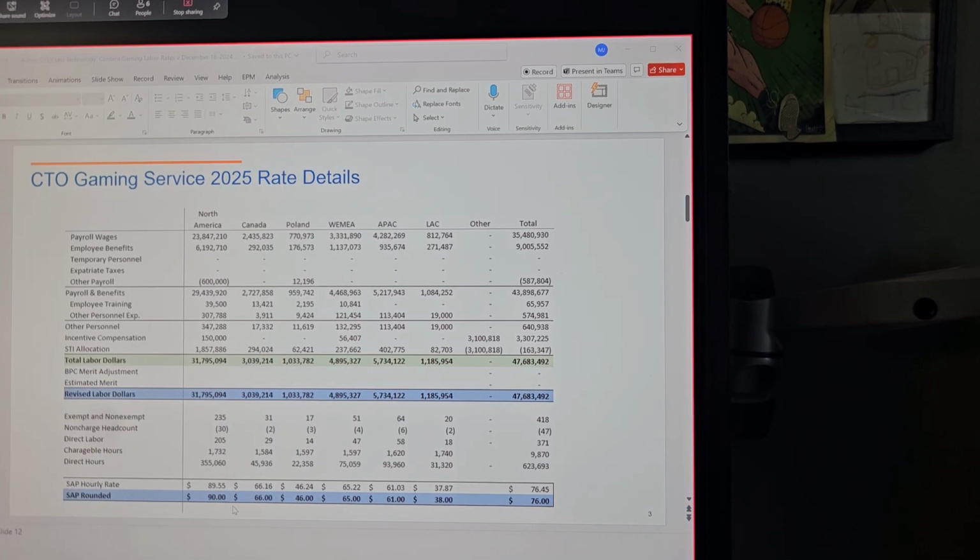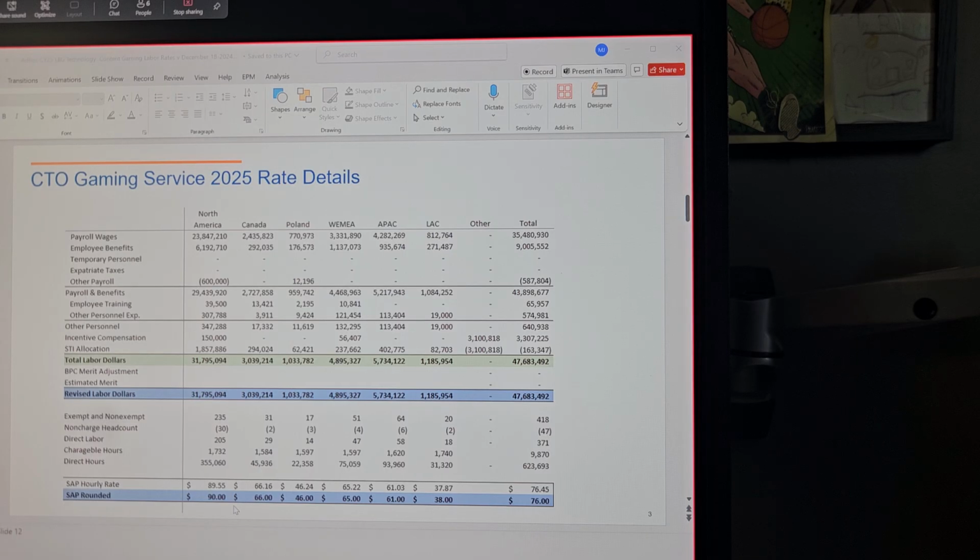Those things are never guaranteed, right? Even if we accrue 100% incentive, it's never been super important or material to our business. We could get there certainly. For an apples to apples exercise, if you took your payroll wages, added 33%, and divided by 1,732, where does your number end up?